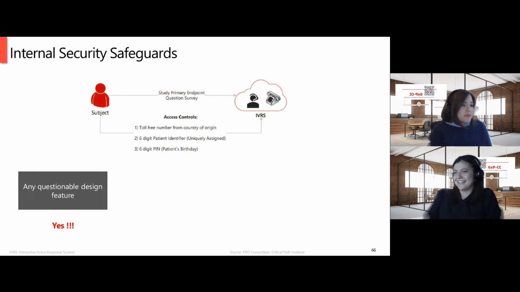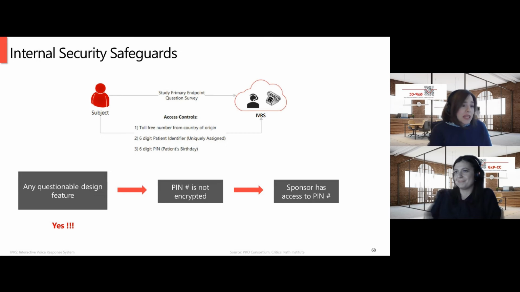There is a problem. The problem is the number 3, the 6-digit PIN, which is the patient's birthday. And why is this the case? Because the PIN number is not encrypted. The sponsor, as of the setup of the study, has access to the PIN number. And if anybody has worked in clinical trials, the birthday of the patients is one piece of information which is always appearing, always an identifier.